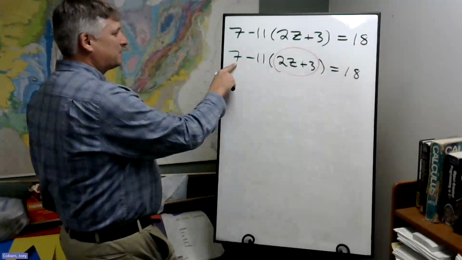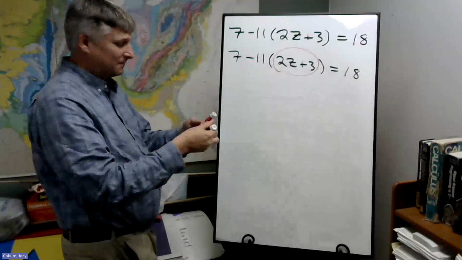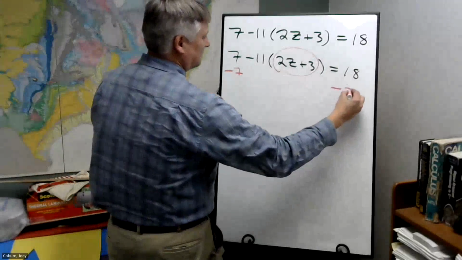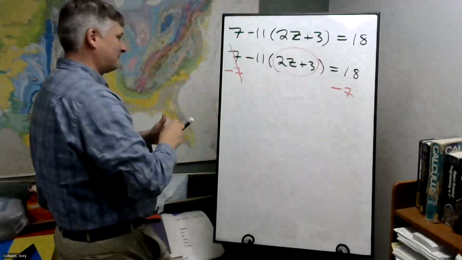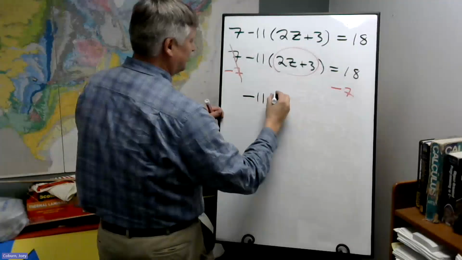We've got a positive 7 we're going to cancel before we try to cancel the multiplication by 11. Or what it's going to turn out to is multiplication by negative 11.